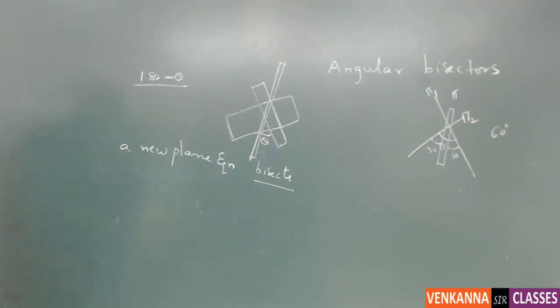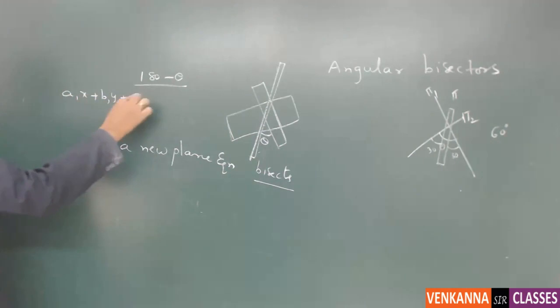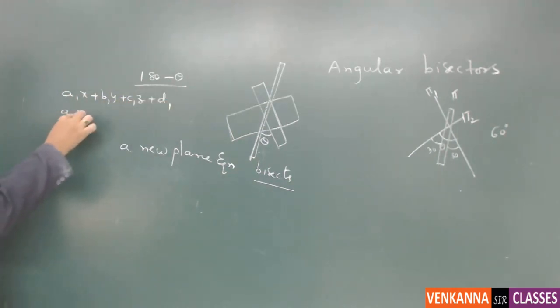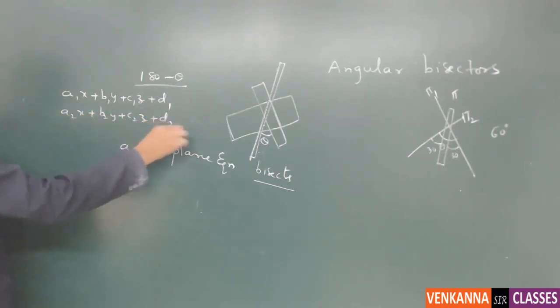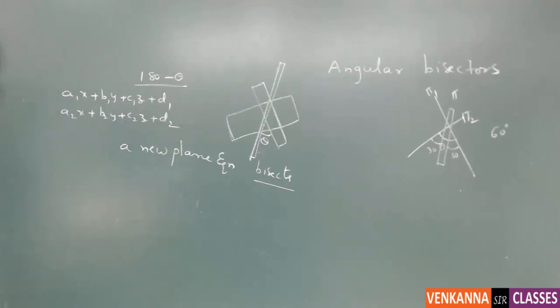Right. Now the formula for the calculation is, let us say the first plane is a1x plus b1y plus c1z plus d1, and the second plane is a2x plus b2y plus c2z plus d2. Since we have two angles between the planes, we will get two angular bisectors. One plane bisects the acute angle, the other plane bisects the obtuse angle.